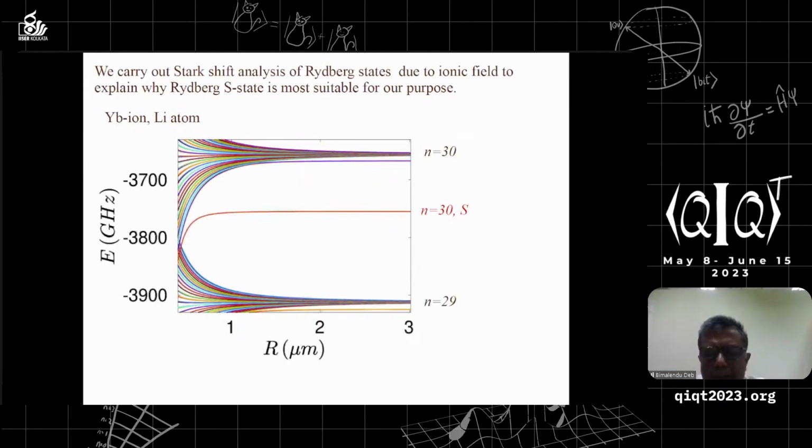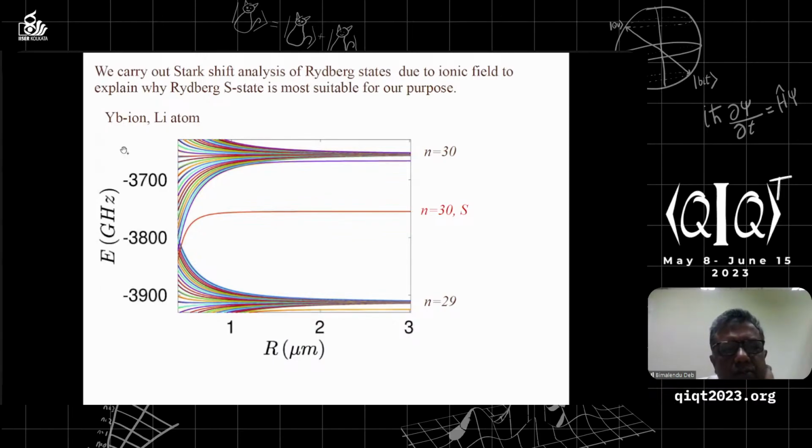And then we have not considered the Stark effect in our calculations because of the following reason. We could have included that, but here what we are plotting is the Stark energy of the Rydberg state of the ytterbium lithium system.